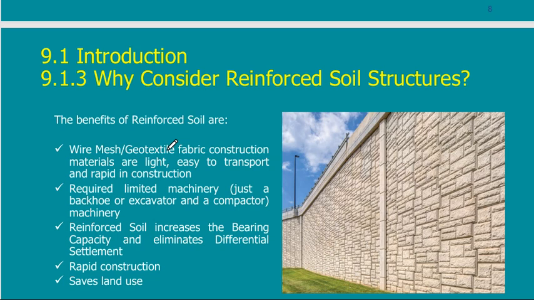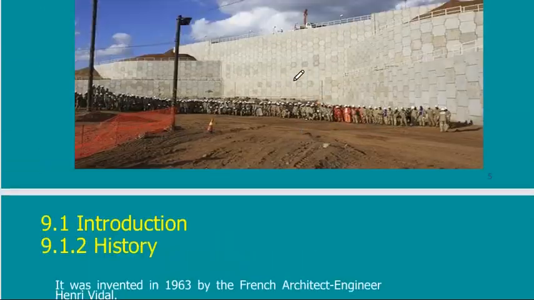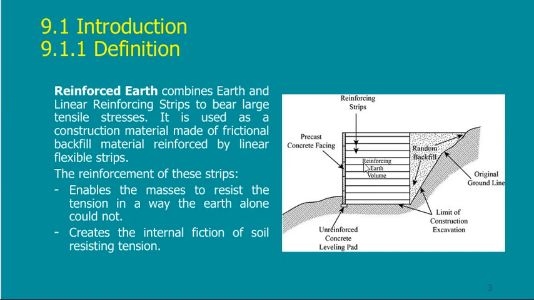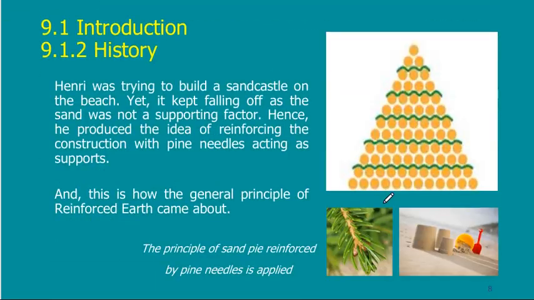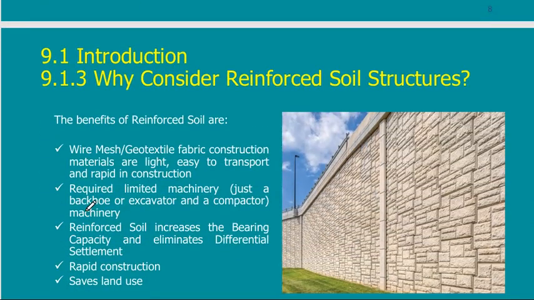But this is a very strong material. It is fabricated and it can last a long lifetime in soil. It does not disintegrate easily. So instead of using these strips here, we can just add something called wire mesh or geotextile fabrics.